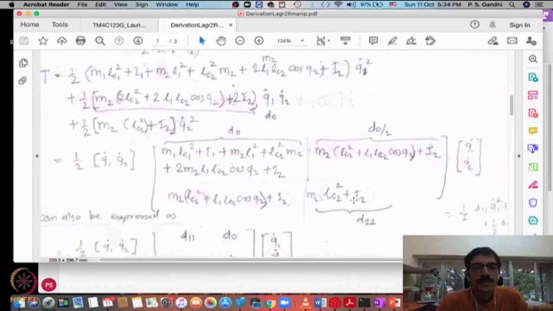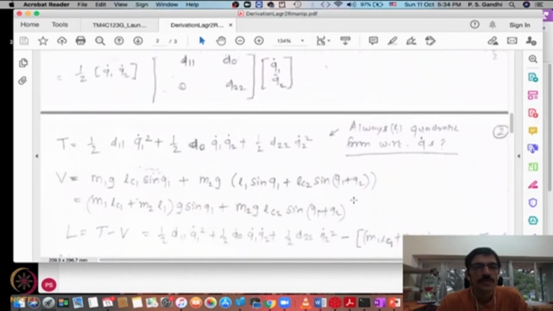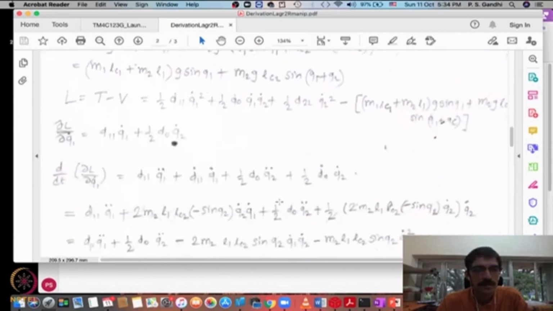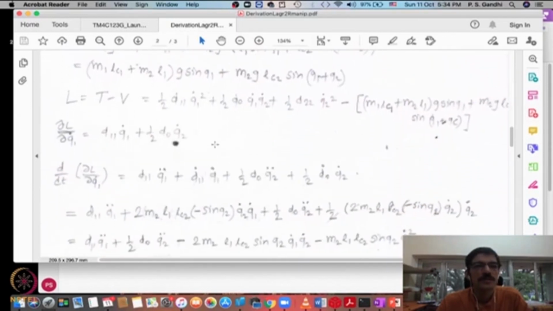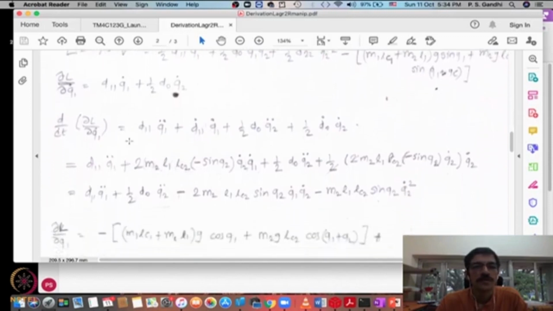Once you get this kind of a kinetic energy expression, you further start developing the Lagrange formulation. You write the expression for potential energy here, and then express the Lagrangian as kinetic energy minus potential energy, and further you start differentiating, and this differentiation gives you different terms in the expression.